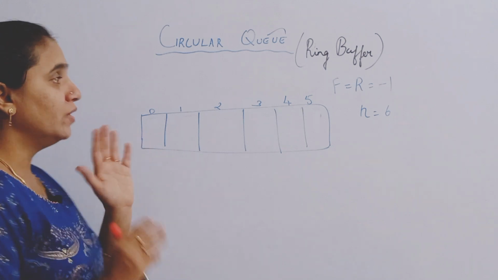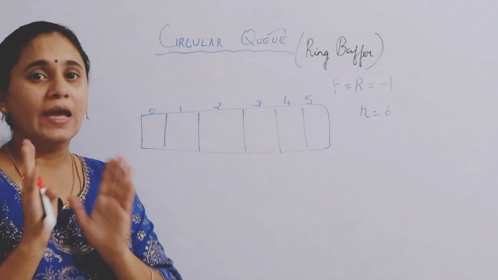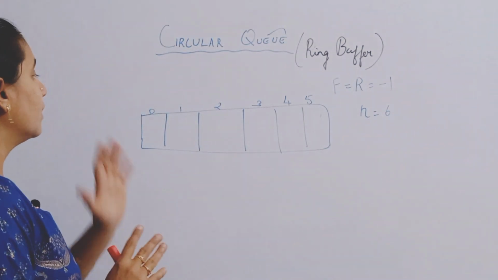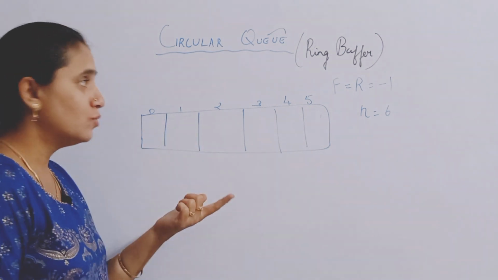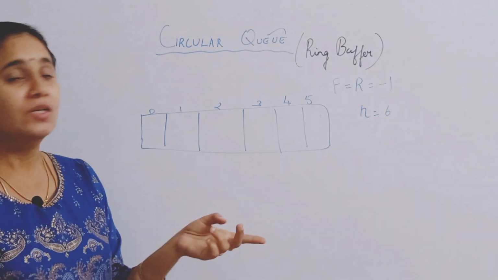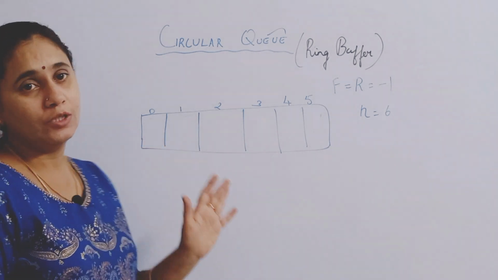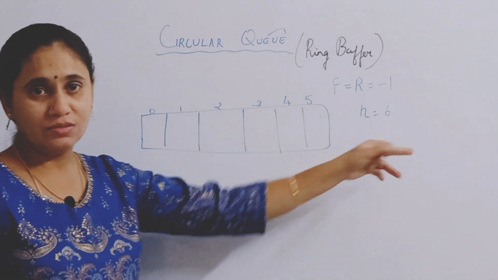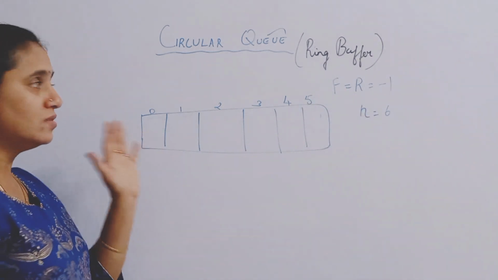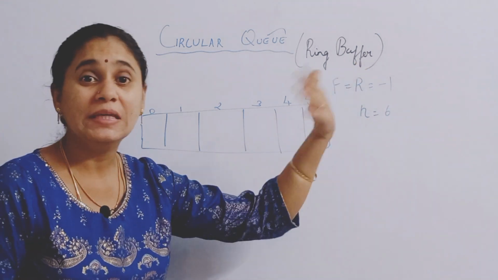So now we are going to start inserting the elements. Initially there are no elements. So what will be the values of the front and rear pointers? The values of the front and rear pointers will be -1. Right? So this is the first condition. Since there are no elements, the queue will be empty.